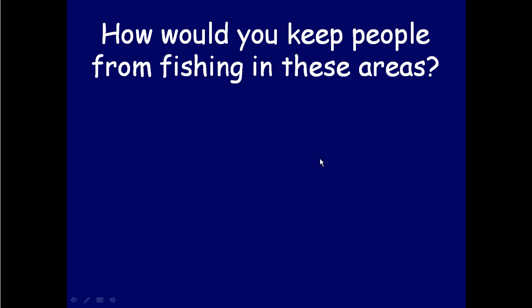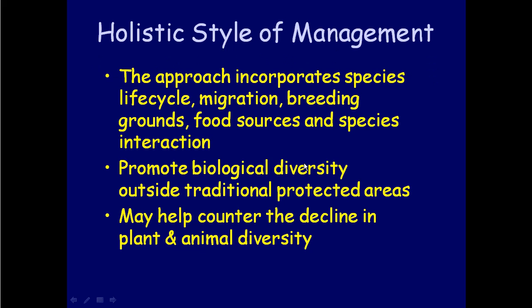Perhaps by reducing enforcement in other areas, you could put those resources into making sure that those marine reserves were protected. Okay, so this is also known as a holistic style of management, and this incorporates the species life cycle, migration, breeding grounds, food sources, and species interactions.